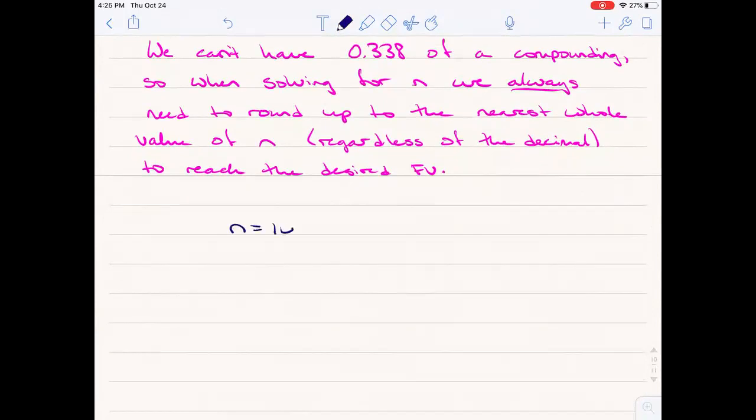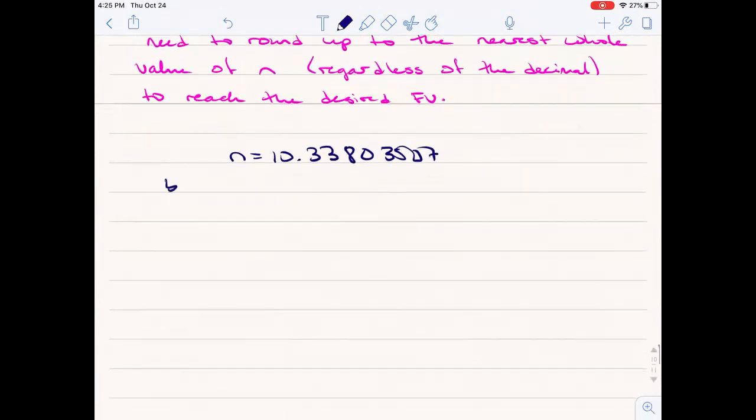So n is 10.33803507, but we would need n equal to 11.